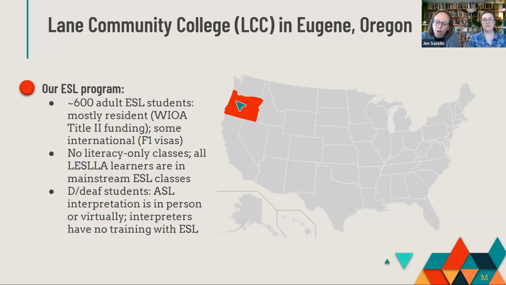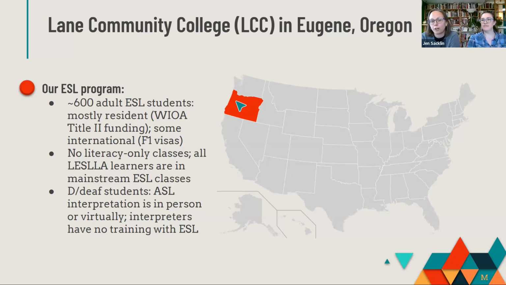Most, or actually all, of our LESLLA learners are folded into our mainstream ESL classes, usually in our combined skills lower level classes. Also, our deaf students, because of the Americans with Disabilities Act, receive ASL interpretation as part of their accommodations.